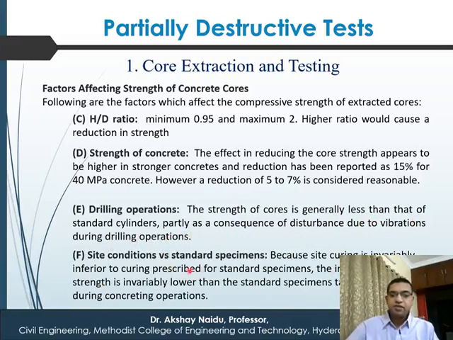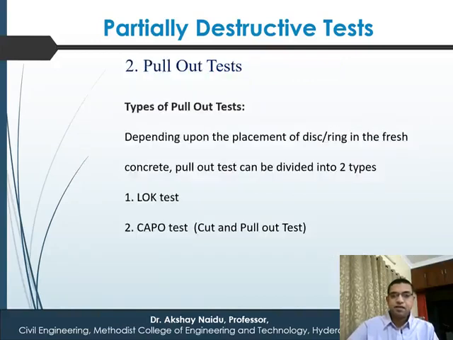Site conditions versus standard specimens. Because site curing is invariably inferior to curing prescribed for standard specimens, the in situ core strength is invariably lower than the standard specimens taken and tested during concrete operations. So that was about core.